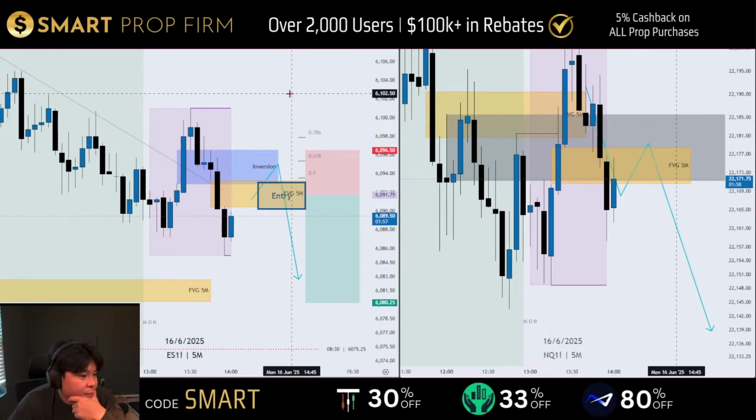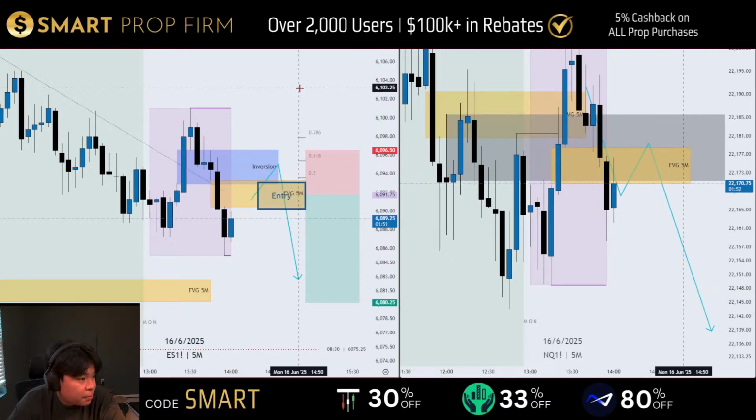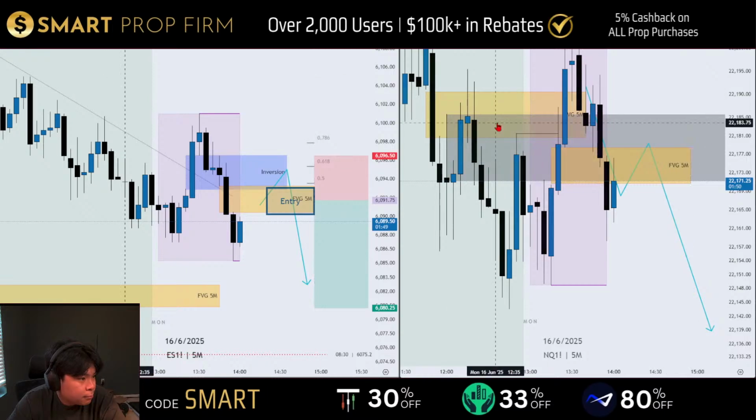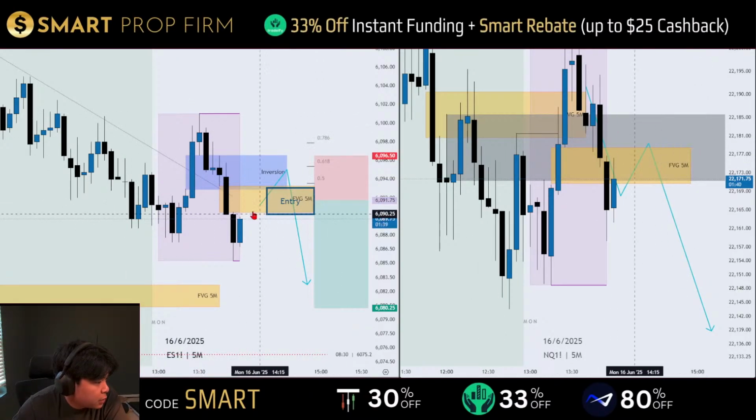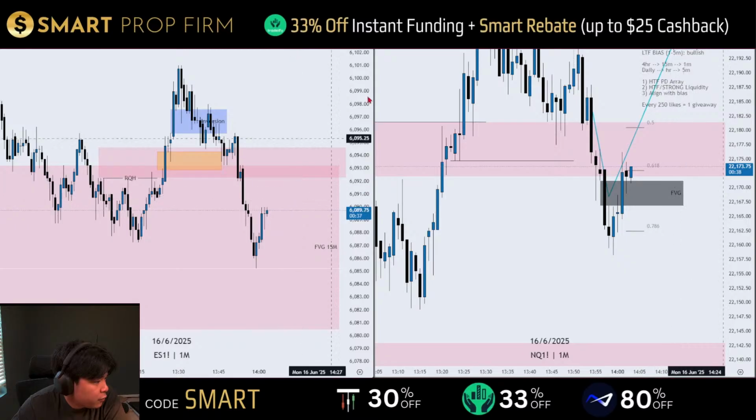Gonna play on ES just because ES is, I feel like, a lot more bearish lately for today. Gonna put my limits in here. We'll get a nice drive in.